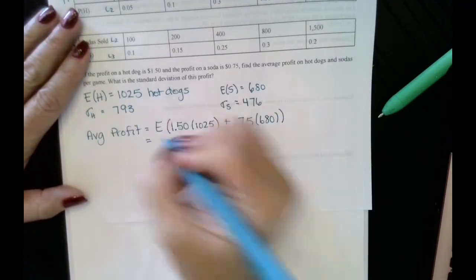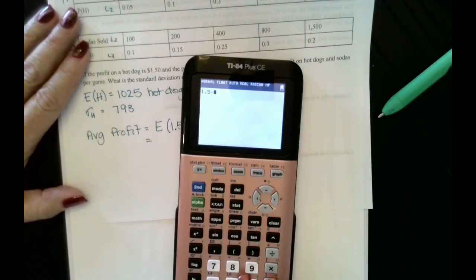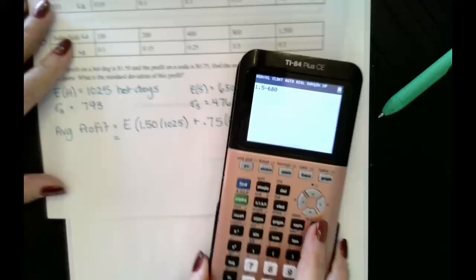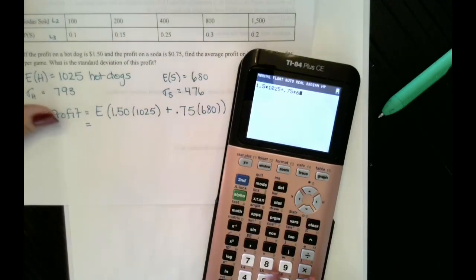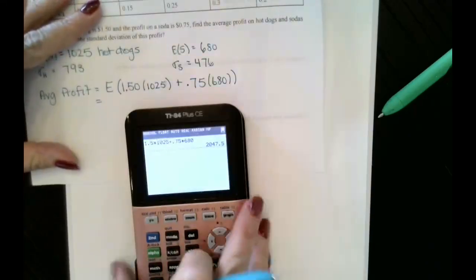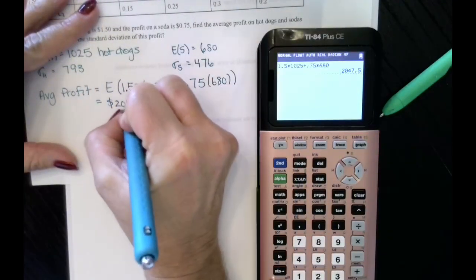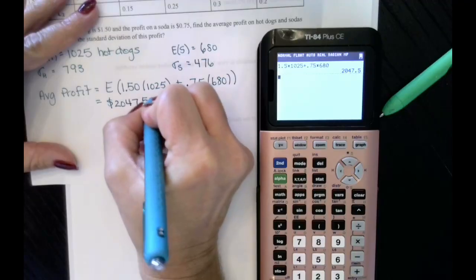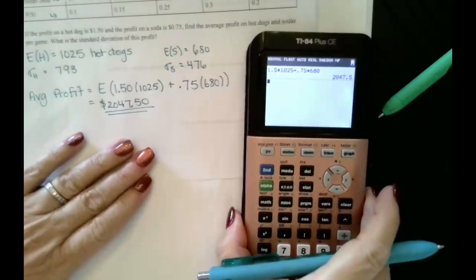If I plug this in, 1.5 times 1025 plus 0.75 times 680, the average profit would be $2,047.50. That would be my average profit on a randomly selected day.